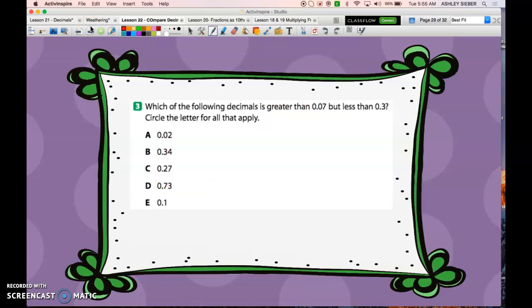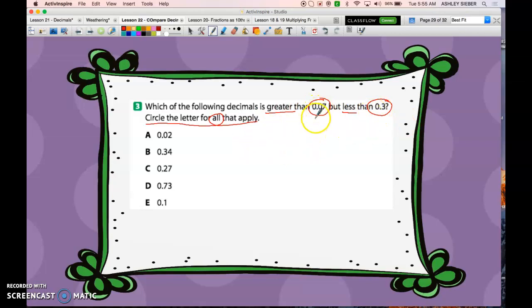Okay, let's do the first couple of these together. Which of the following decimals is greater than this, but less than this? Circle the letter for all that apply. That means there's going to be more than one answer. So I'm looking for bigger than this, less than this.